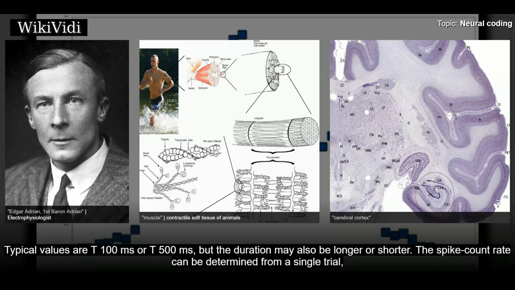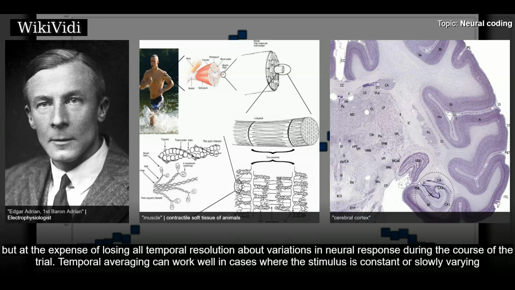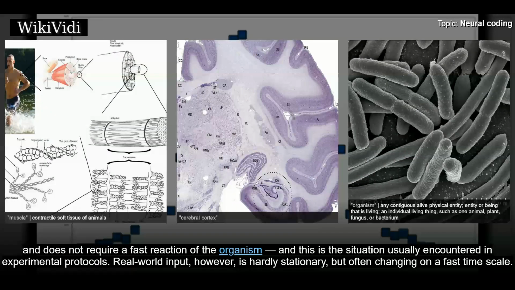The spike count rate can be determined from a single trial, but at the expense of losing all temporal resolution about variations in neural response during the course of the trial. Temporal averaging can work well in cases where the stimulus is constant or slowly varying, and does not require a fast reaction of the organism, and this is the situation usually encountered in experimental protocols.